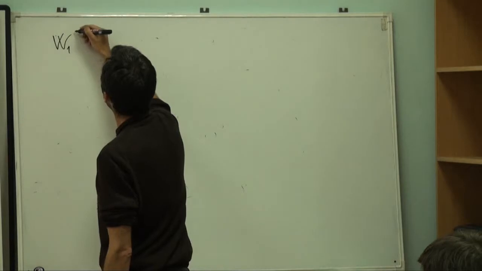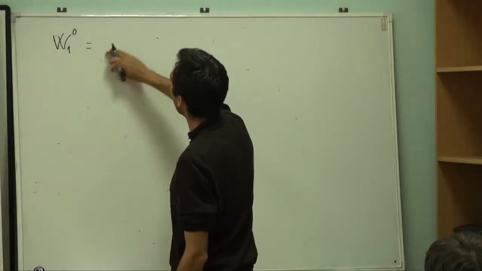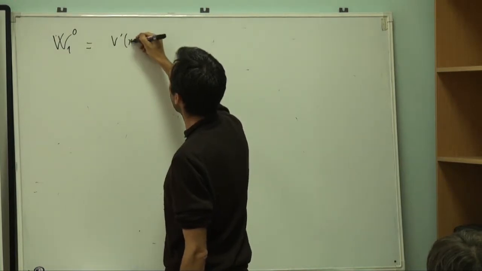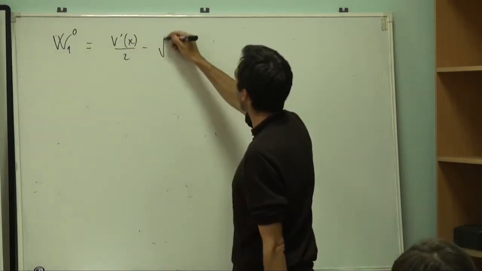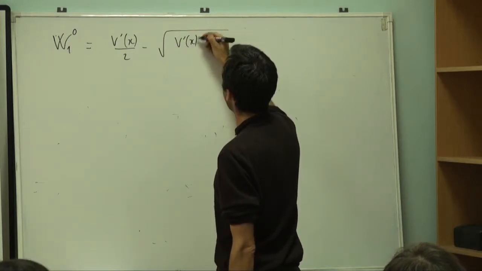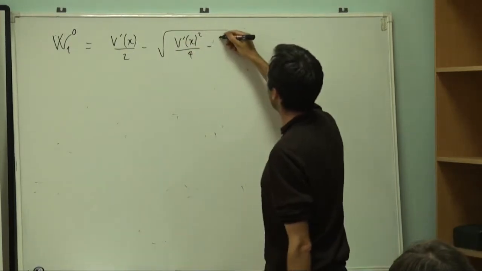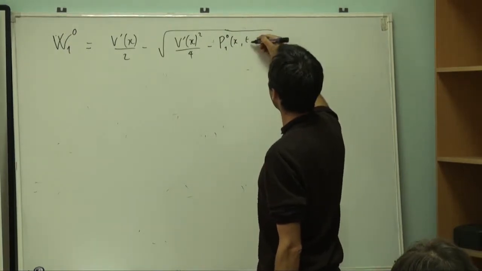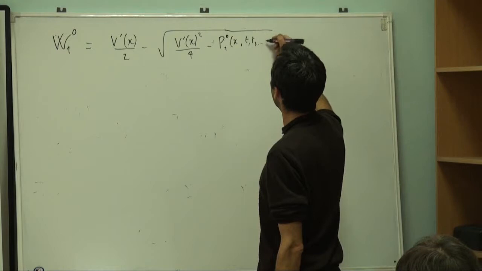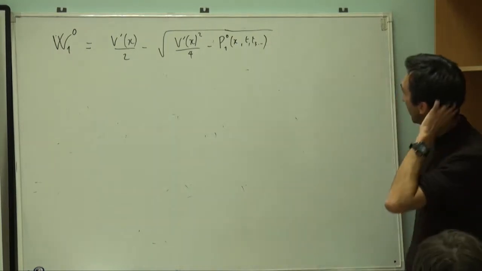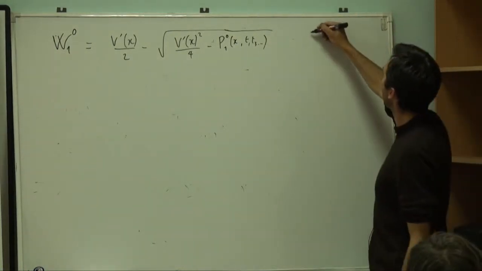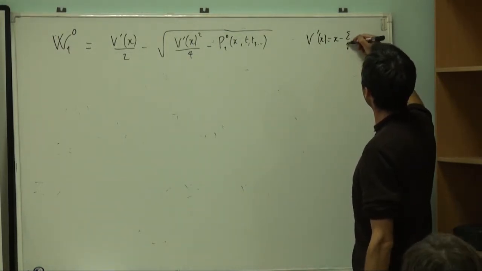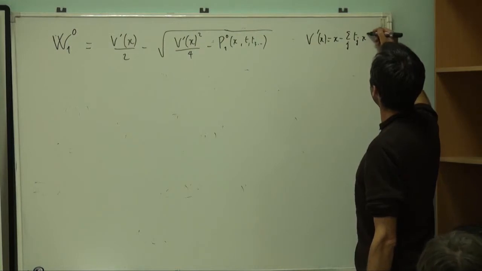W10 was, as I wrote, V prime of x over 2 minus the square root of V prime of x squared over 4 minus some polynomial P10 of x, t, t3, t4. And remember that V prime of x is x minus the sum over j of t_j x^(j-1).